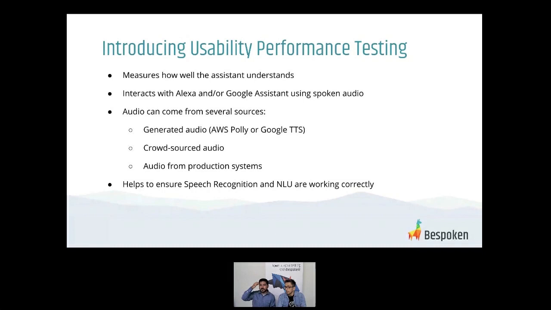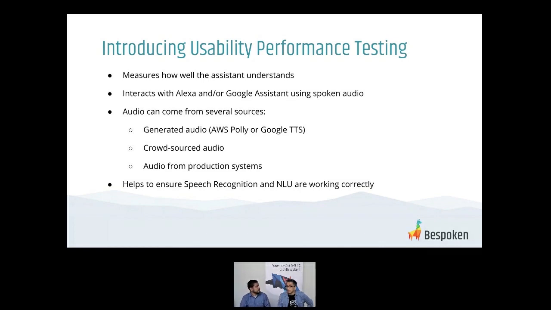Yeah. This tool is called the usability performance testing. It is our latest addition to our tool set for QA and quality assurance for voice applications. And well, it can use audio from different sources, right, Ivan? Yeah, it interacts with Alexa or Google Assistant, and we can generate the audio from text using Amazon Polly or Google TTS, like using the WaveNet voices, for example, which are very good.